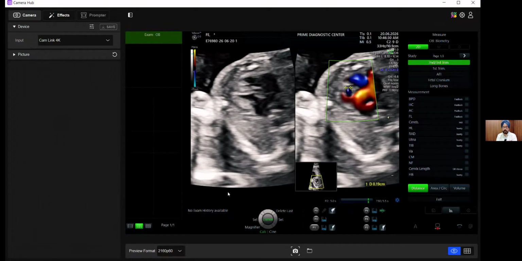They are usually not small. I am yet to see any small inlet VSD. They are generally large. The same applies for a perimembranous or a subaortic VSD. We don't see small perimembranous VSDs. In the fetus, we generally see a large perimembranous VSD.